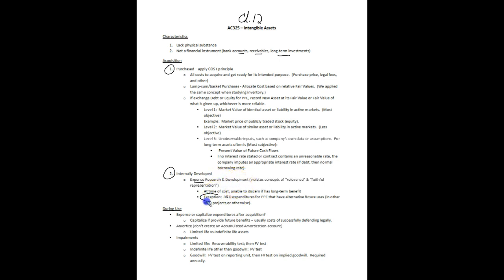The only exception is if there are R&D expenditures for property, plant, and equipment that have alternative future uses, either for future R&D projects or otherwise. In essence, this really violates the whole idea of relevance. It would be relevant to know which of these R&D expenditures actually have long-term benefits. If we could discern that, it would be helpful.